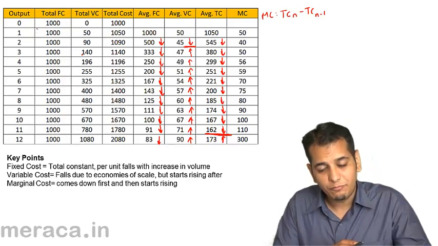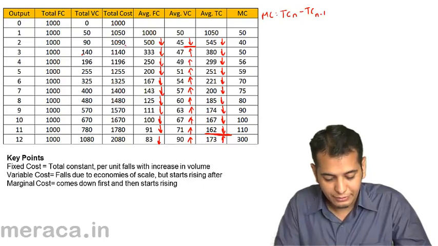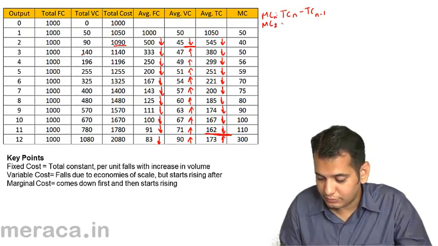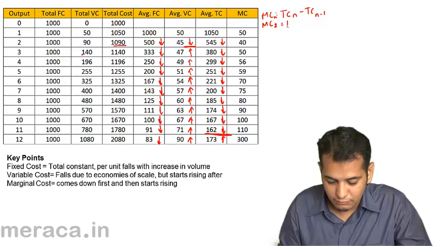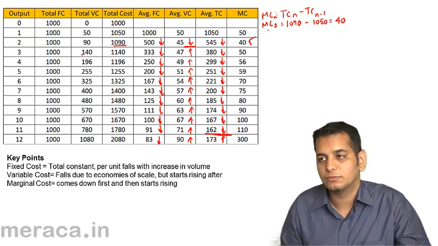Now for producing 1 unit, the total cost is 1050. If I produce the second unit, the total cost is 1090. So the marginal cost for producing 2 units is 1090 minus 1050, which is 40, and that is what is shown.